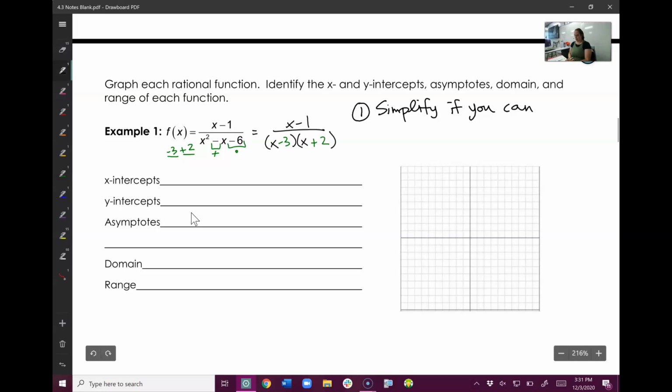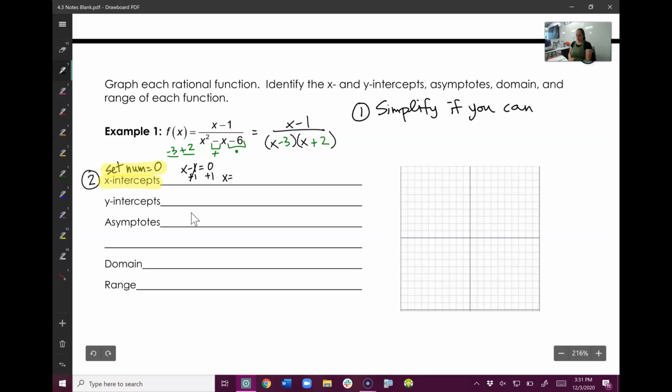Check. Step 2, find the x-intercepts. I'll find the x-intercepts by setting the numerator equal to 0. That's how we find our x-intercepts. So I'm going to take my numerator, set it equal to 0, and solve it.